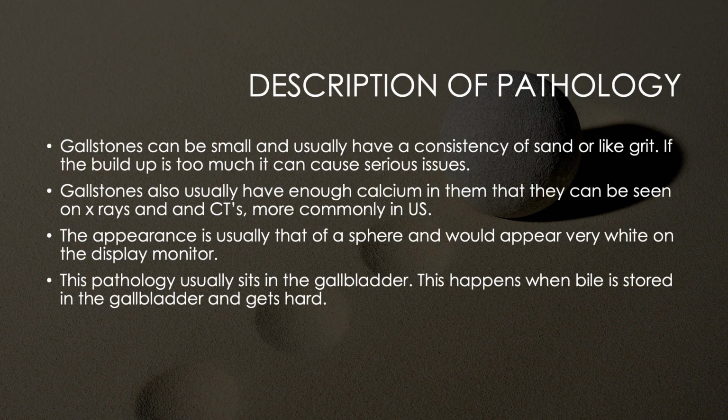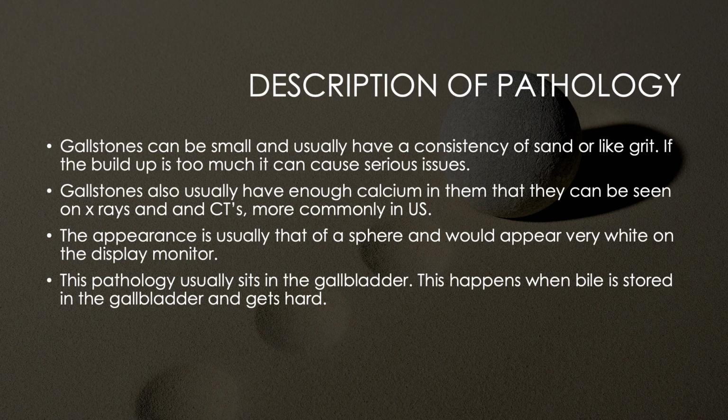So, my pathology, just a little overview and description of it, it is over gallstones. Gallstones can be small and usually have a consistency of like sand or grit. If the buildup is too much, it can cause serious issues.